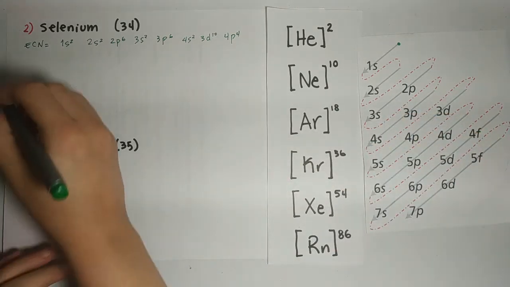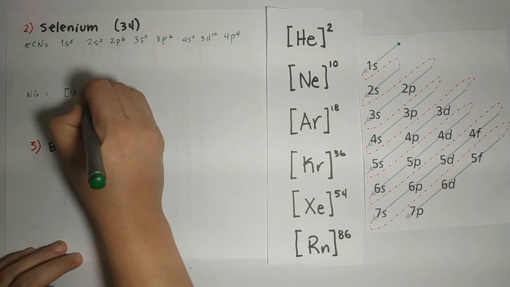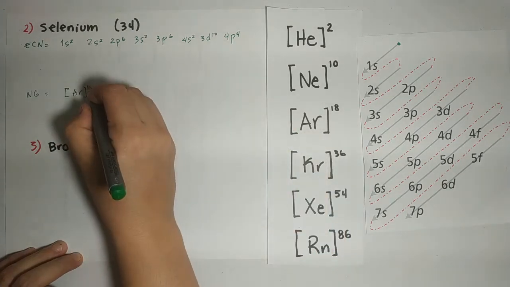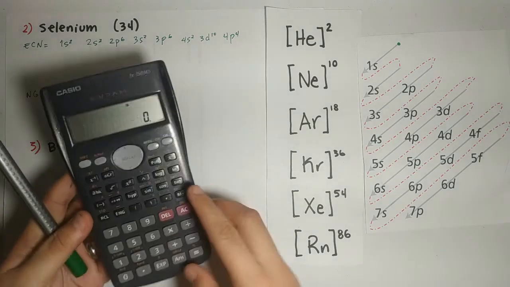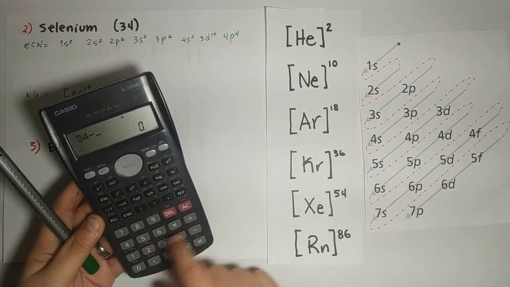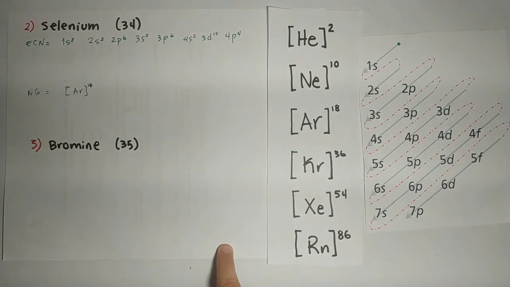So the noble gas notation will be argon 18. Now, how many electrons do I need to have 34? It will be 34 minus 18. I need 16 electrons.